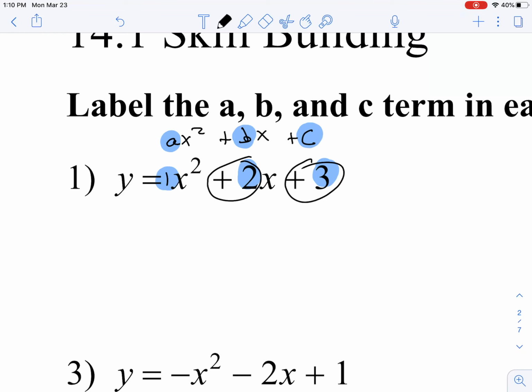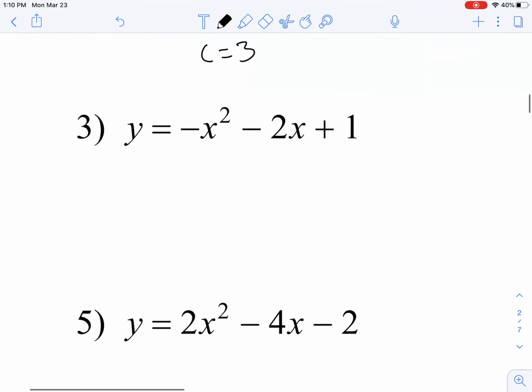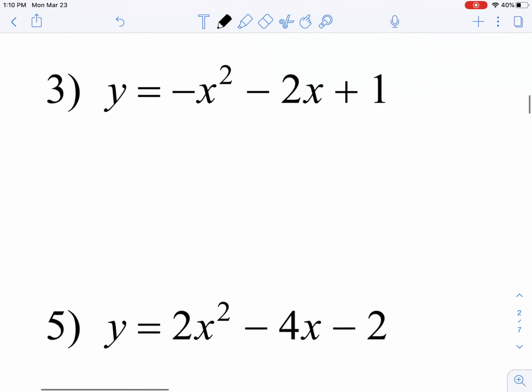We're going to take some time just to go through and label these and look at what our a value, our b value, and our c value are. We need to be really good at identifying those things so that we can plug them into some formulas.